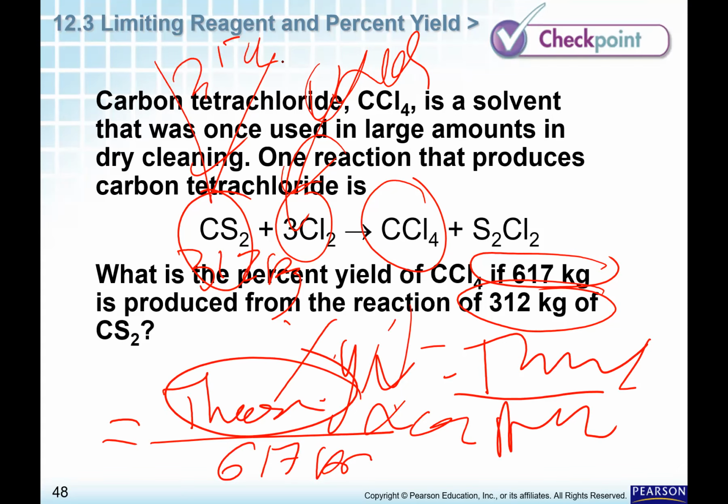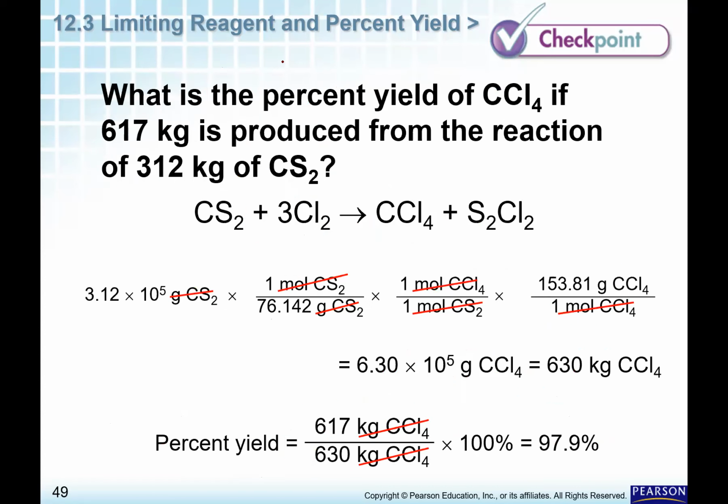We change it into grams first, and then we multiply by 1 mole over the molar mass of CS2 to get into the moles, and that is equal to the number of moles of carbon tetrachloride. Then we just multiply it again by the molar mass of that.